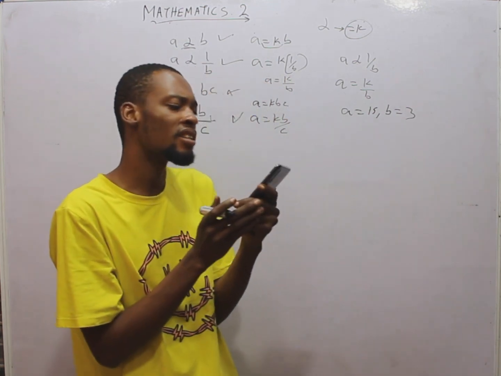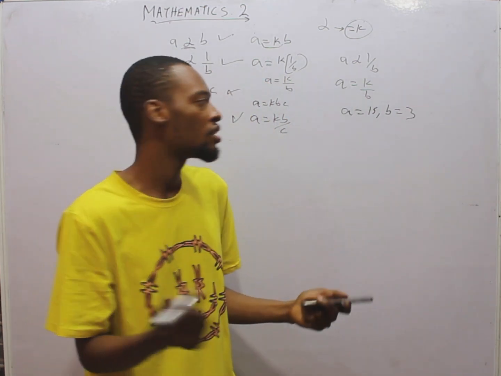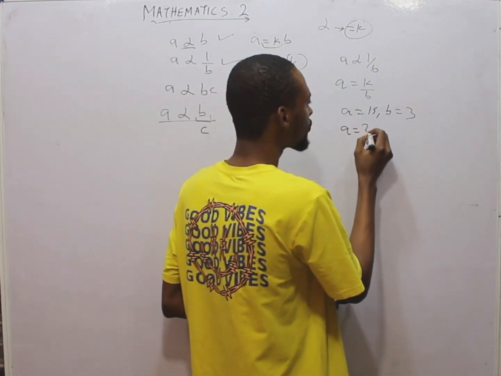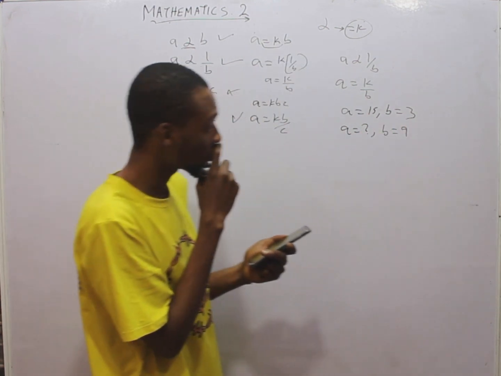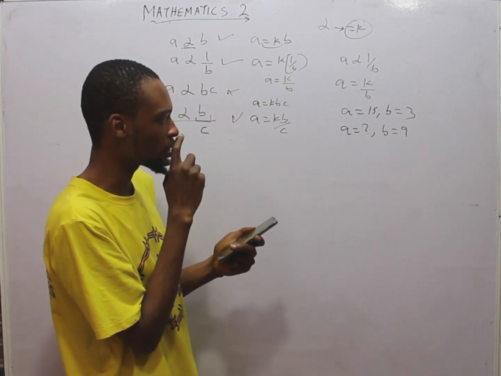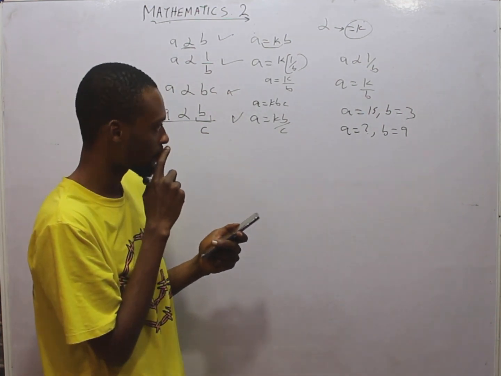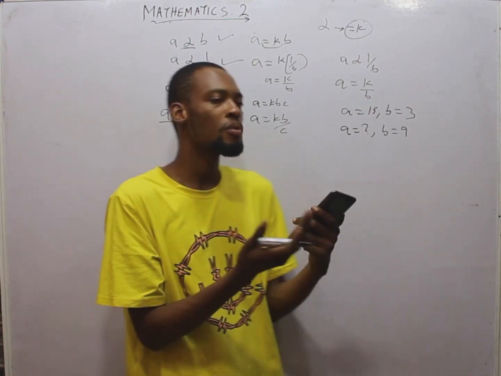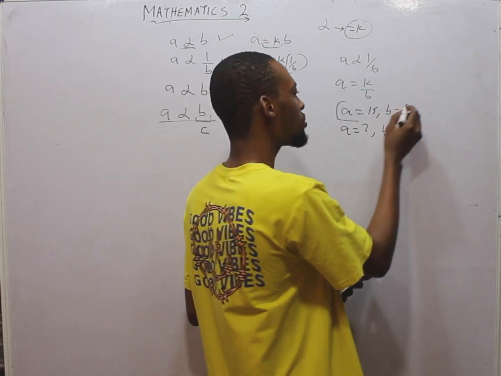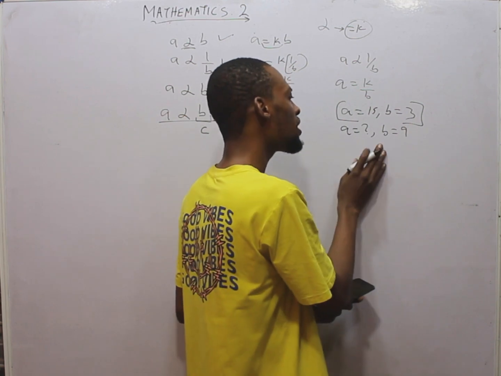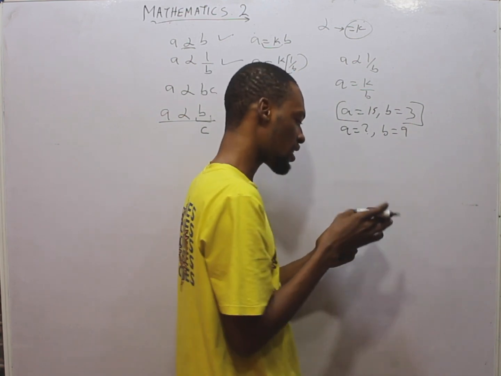Find the value of A when B is equals 9. So A is now a question, B is equals 9. Let us observe something. They are inversely proportional. The first one says A is 15, B is 3. We are looking for A when B is equals 9.